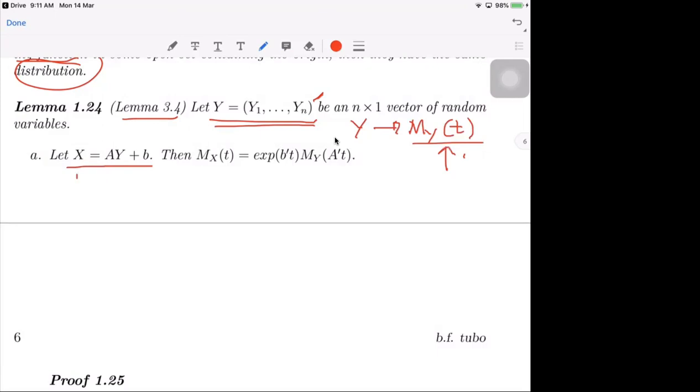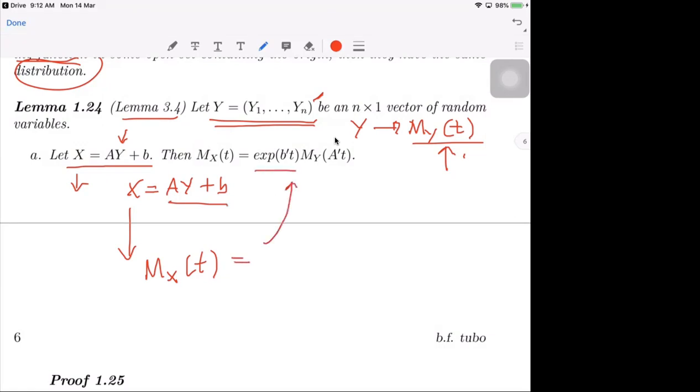And then you do some transformation on y. The transformation you made is x equals Ay plus b. Then you want to find what the moment generating function of x is, if x is Ay plus b. According to this lemma, the moment generating function of x will be equal to the moment generating function of y at A prime t.